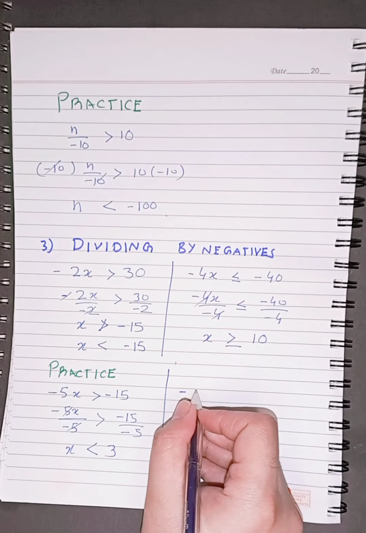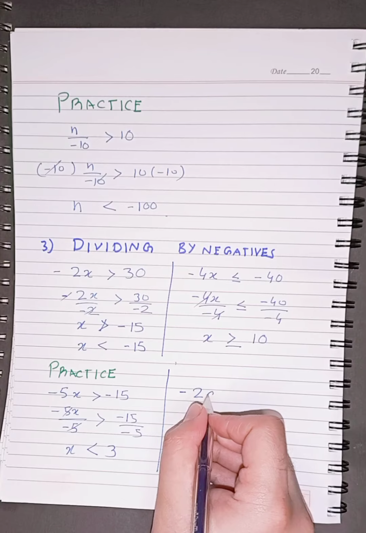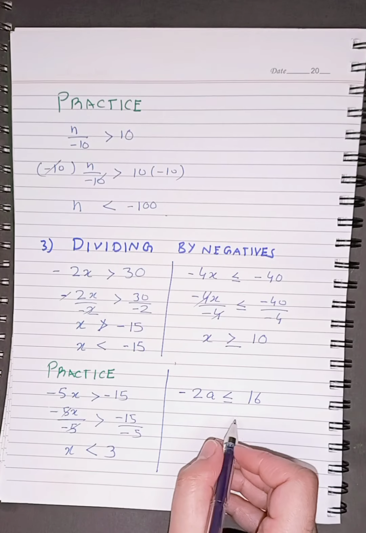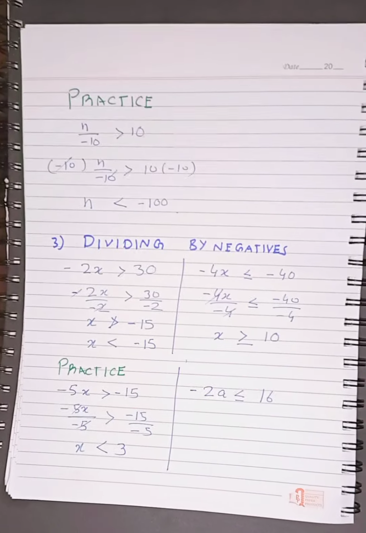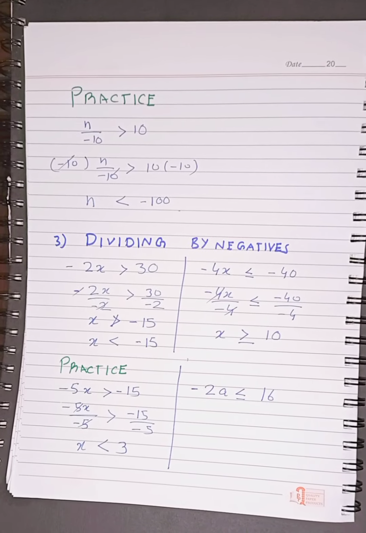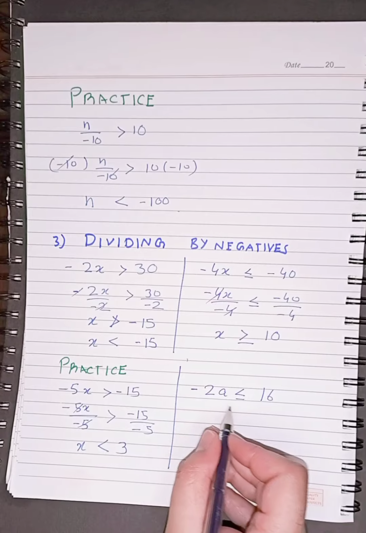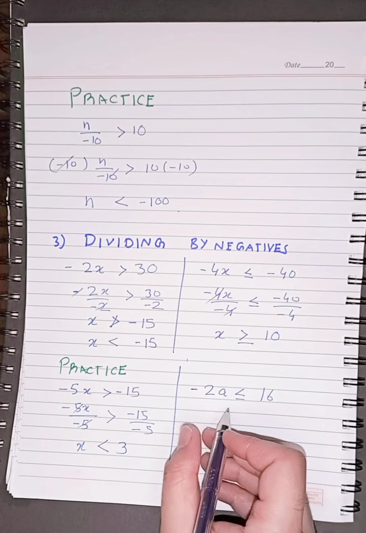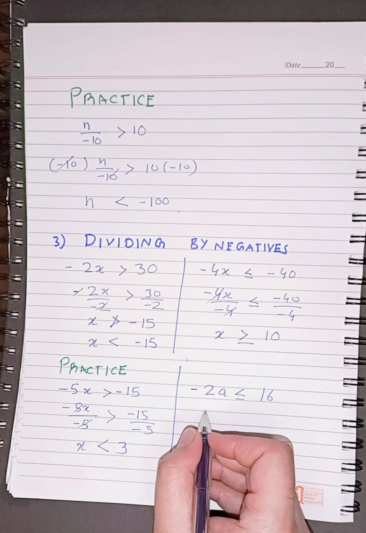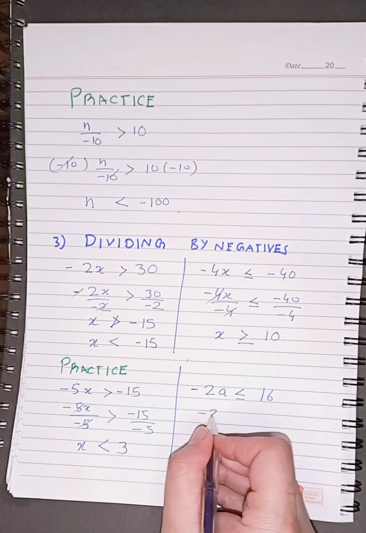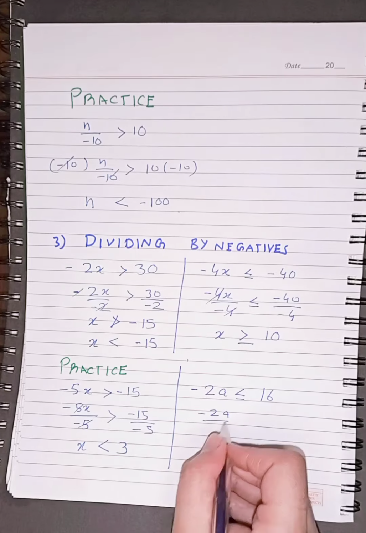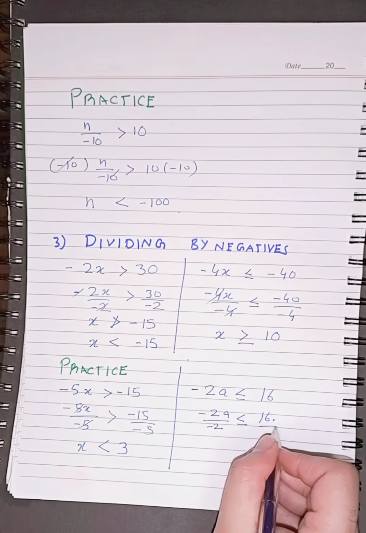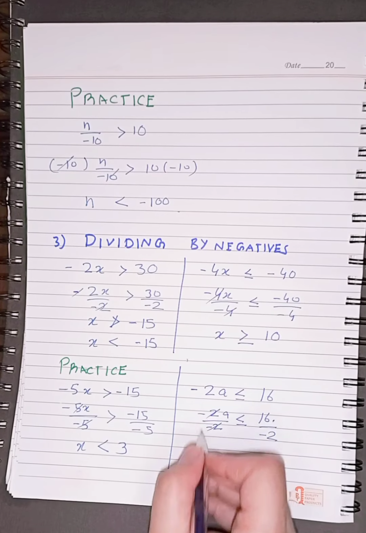Now we practice one more question: minus 2a less than or equal to 16. What will you do in this question? Just think. Yes, you are saying you will divide by negative 2 to get the value of a. So a over negative 2 less than or equal to 16 over negative 2; negative 2 and negative 2 cancel out.